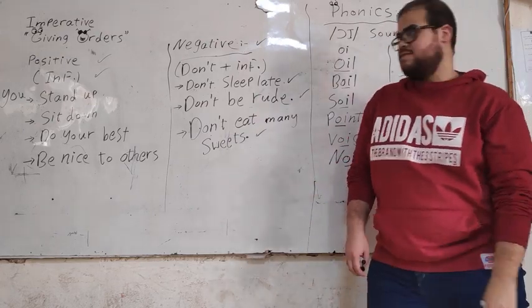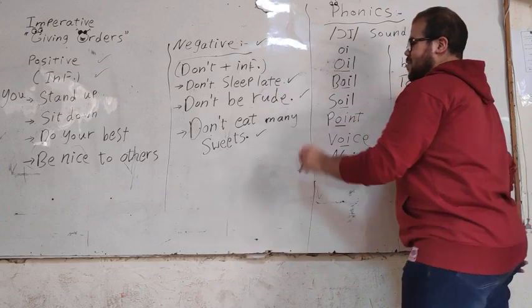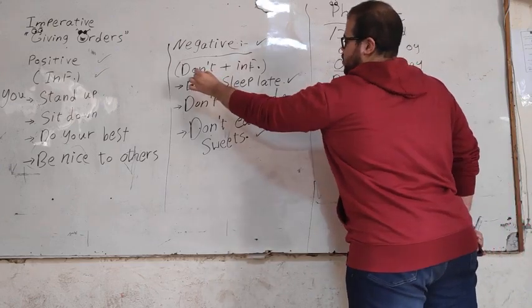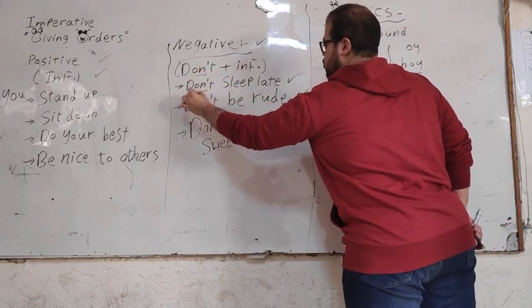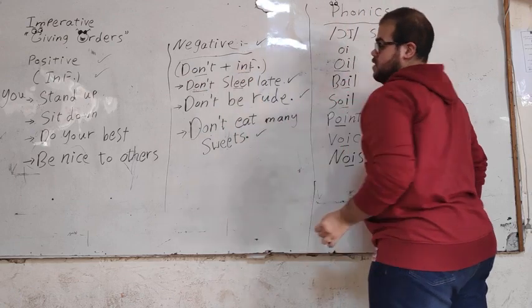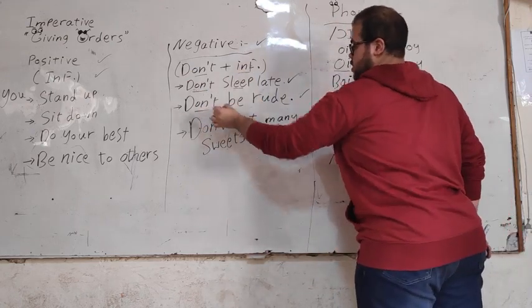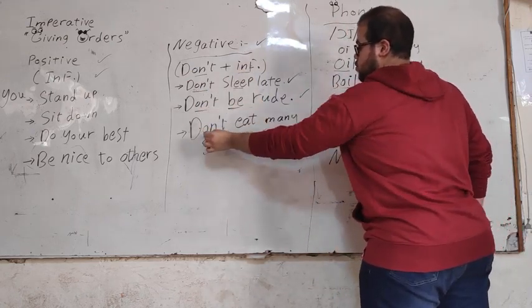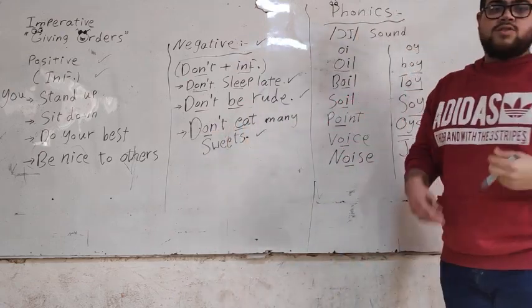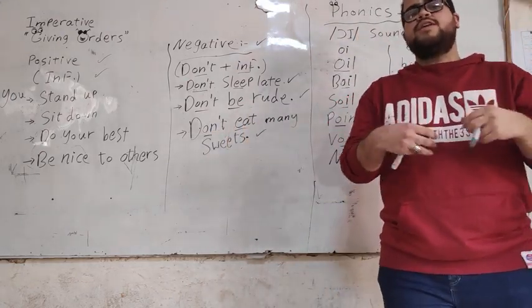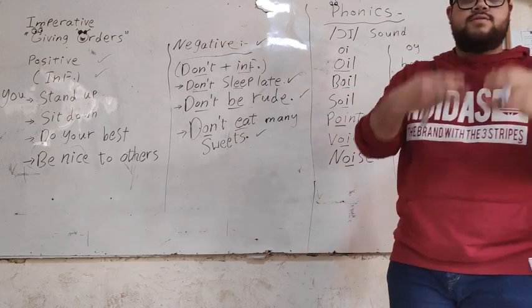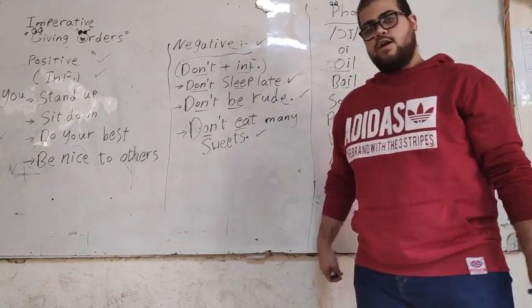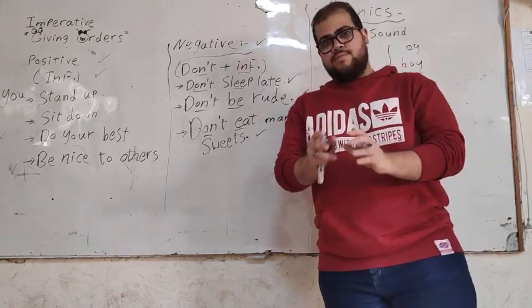It's harmful for your health, right? So here we put don't plus the verb in infinitive form. Don't sleep, don't eat, and so on. There are too many examples you can provide for yourselves. So that's it for imperative form.